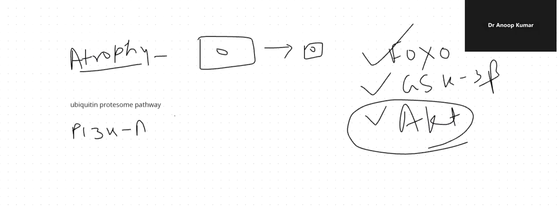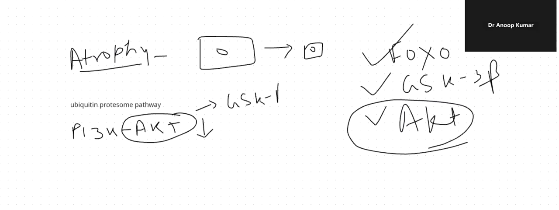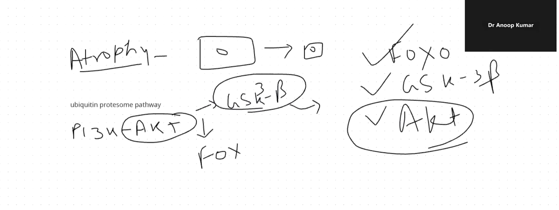You know that if AKT is suppressed, there will be dephosphorylation of GSK3 beta, because when AKT is active there is phosphorylation of GSK3 beta. But now it's dephosphorylated, so it's going to be activated, and it results in protein degradation. Similarly, when AKT is suppressed, there is activation of FOXO.